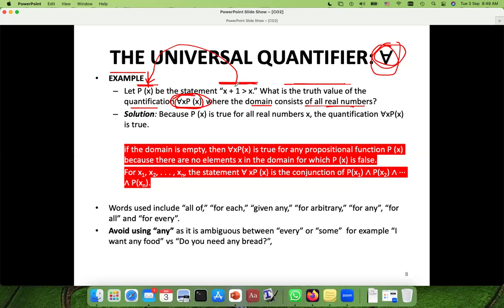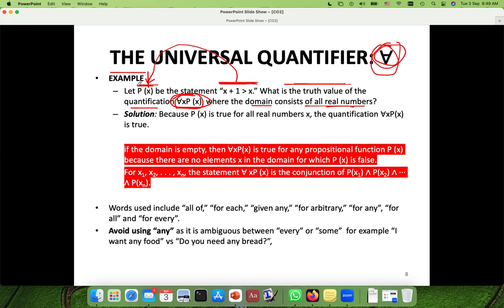So x plus 1 greater than x, I can write it in words: x plus 1 is greater than x. This is the predicate.